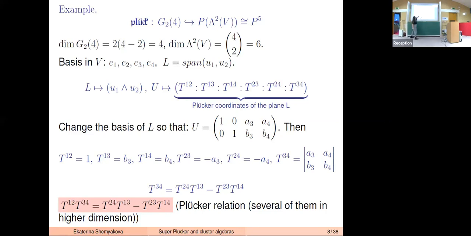Those are homogeneous coordinates, exactly the coefficients in front of the basis.